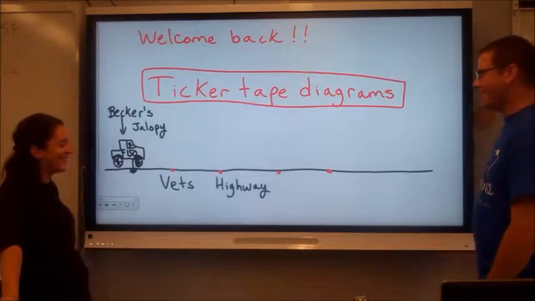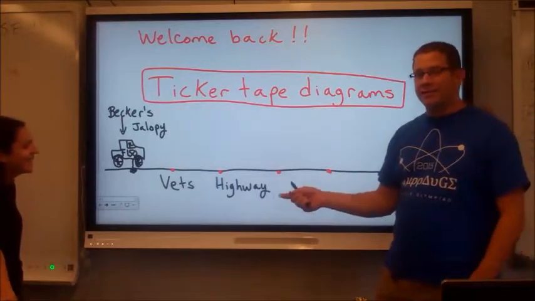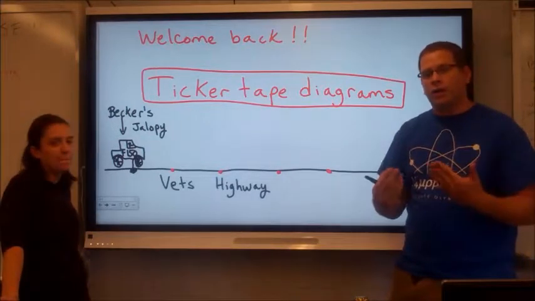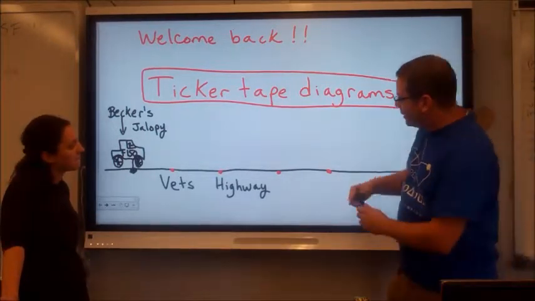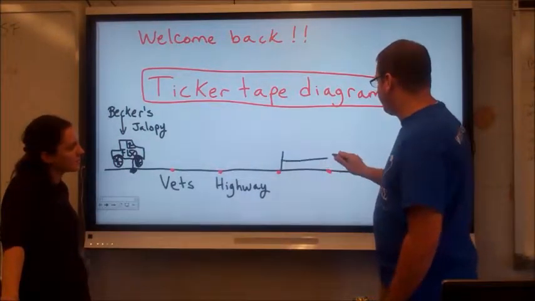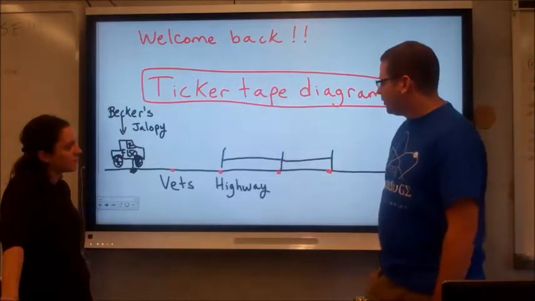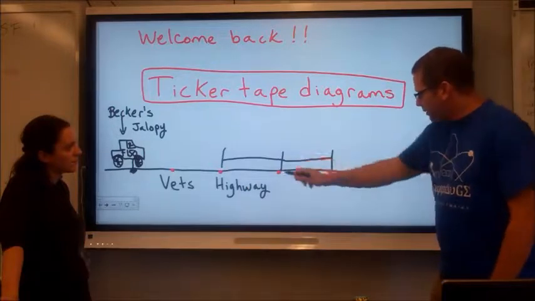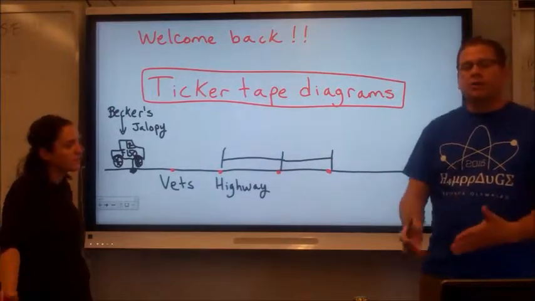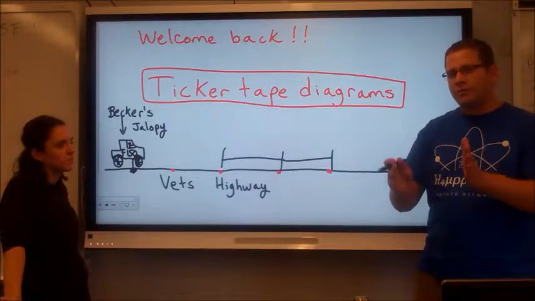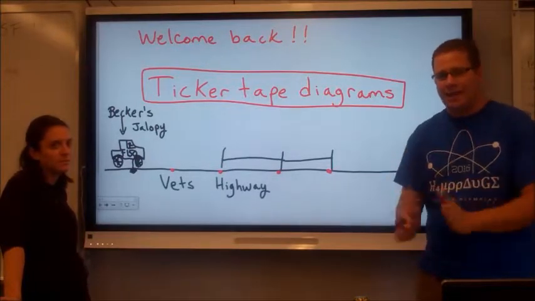Regardless, what's happening is, because she's moving at a constant velocity, what could we say about the distance between this dot and this dot, this dot and this dot, and then this dot and this dot? Because she's moving at a constant velocity, the distance she covers every single second is exactly the same.